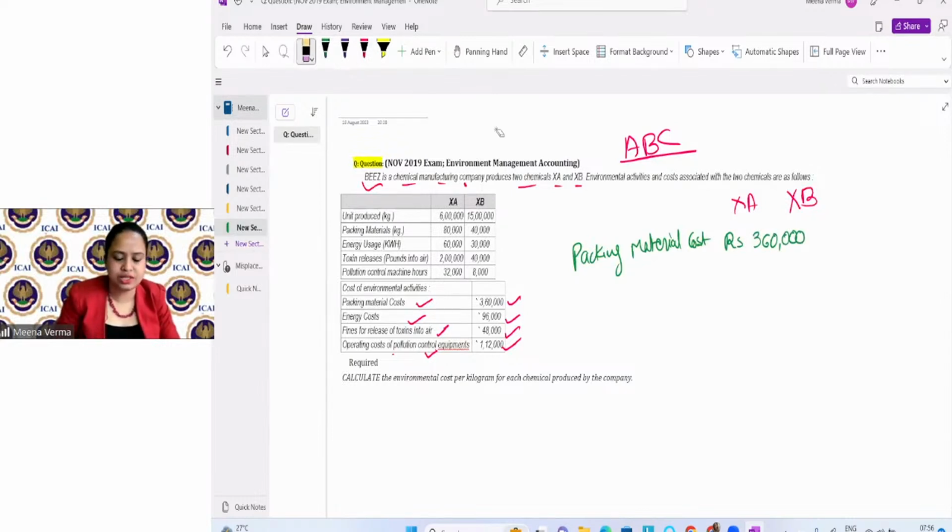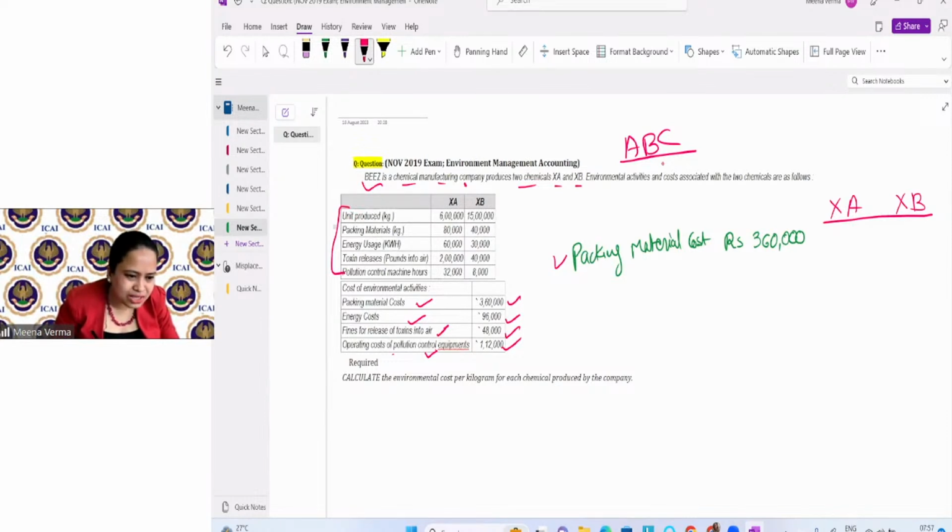You will allocate these costs to the products XA and XB. How will you allocate this cost? You have to check the cost drivers. Which cost driver fits here, you will find. I can see packaging material quantity is given. You have to check which cost driver will fit here.